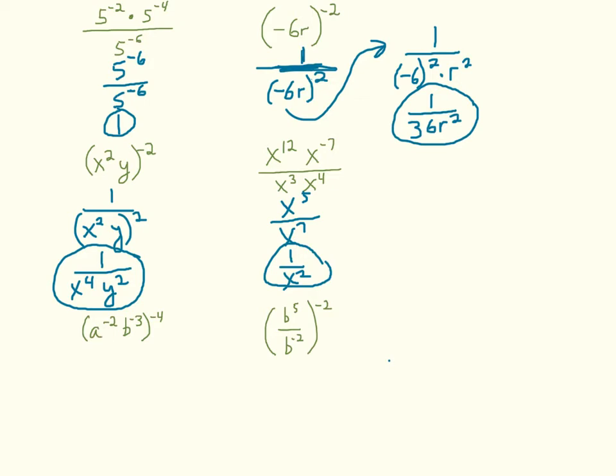In this example right here, I have a to the negative 2nd times b to the negative 3rd, all to the negative 4th. I think what I'm going to do first is change this to 1 over.